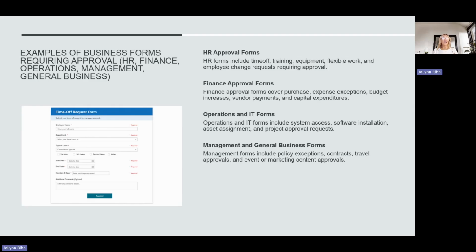Or in finance, covering expenses, budget increases, vendor payments, capital expenditures. Or if you happen to be in operations or IT, if somebody requests, say, a new laptop, they require new software, project approval options.